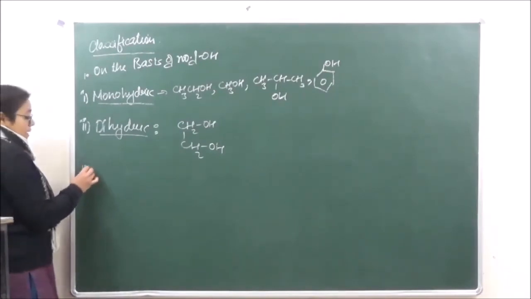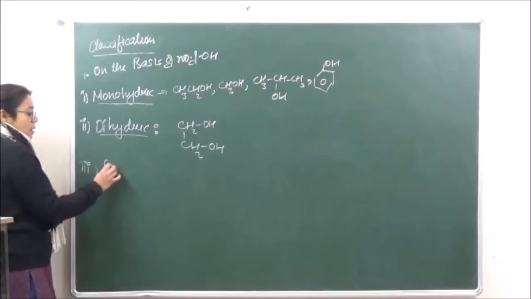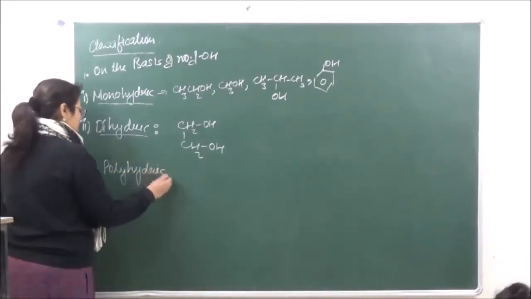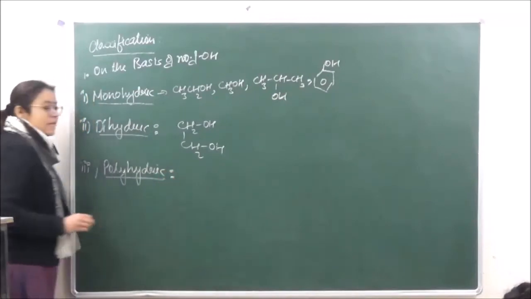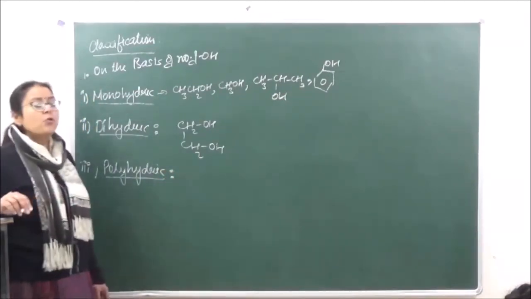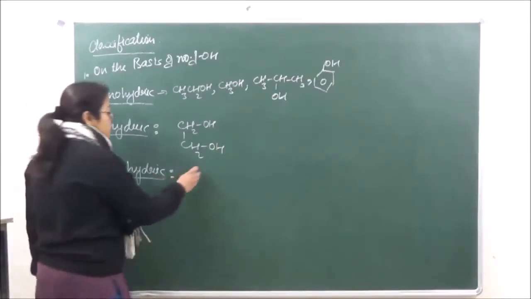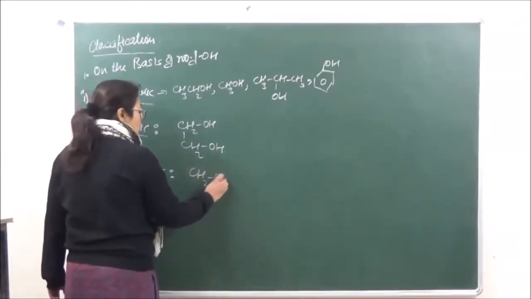Then the third type, that is polyhydric. Polyhydric means that it is going to have more than two OH groups present. For example, we can take glycerol.